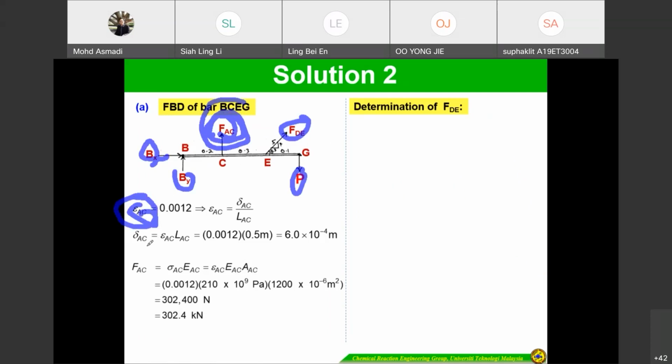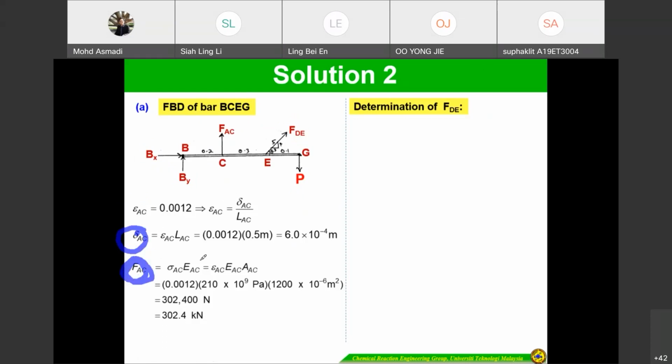So we have to determine the delta, not stress, the deflection. Delta AC is equal to 6 times 10 to the negative 4 meter. Okay, the deflection, so we can determine the FAC. Just substitute into this one.